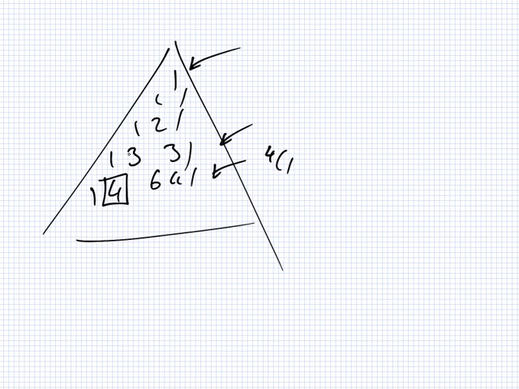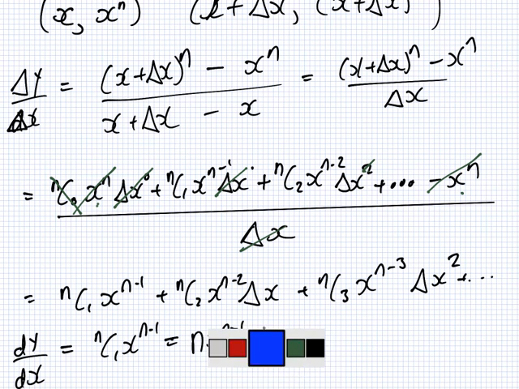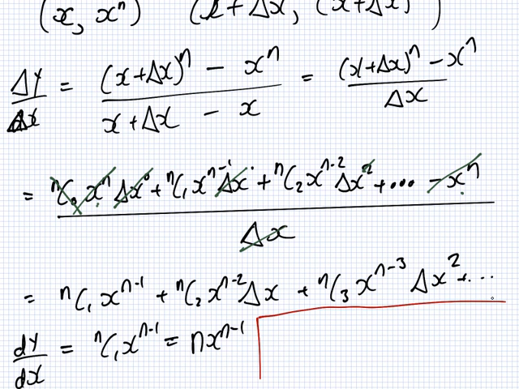This one here would be 3C1. This one here, 2C1. So nC1 is n. In other words, we finish with this formula. If y equals x^n, then the derivative is equal to n x^(n minus 1). Please write this down. This is our first rule.